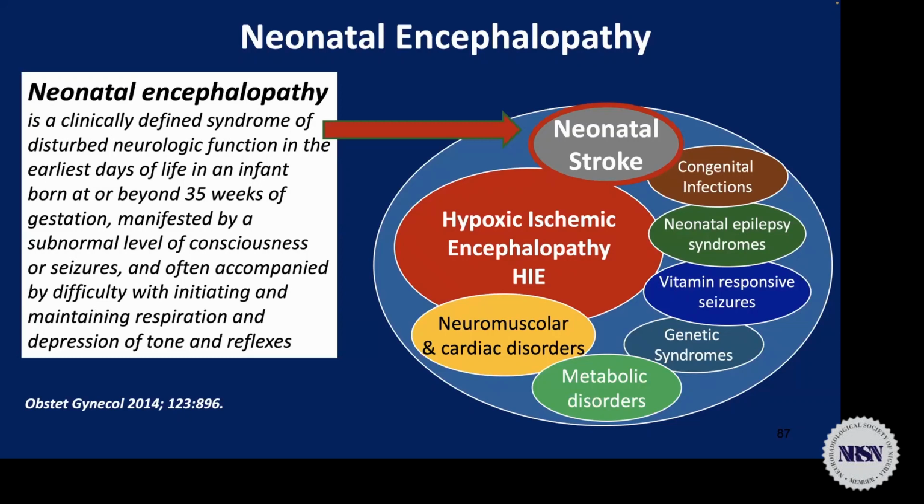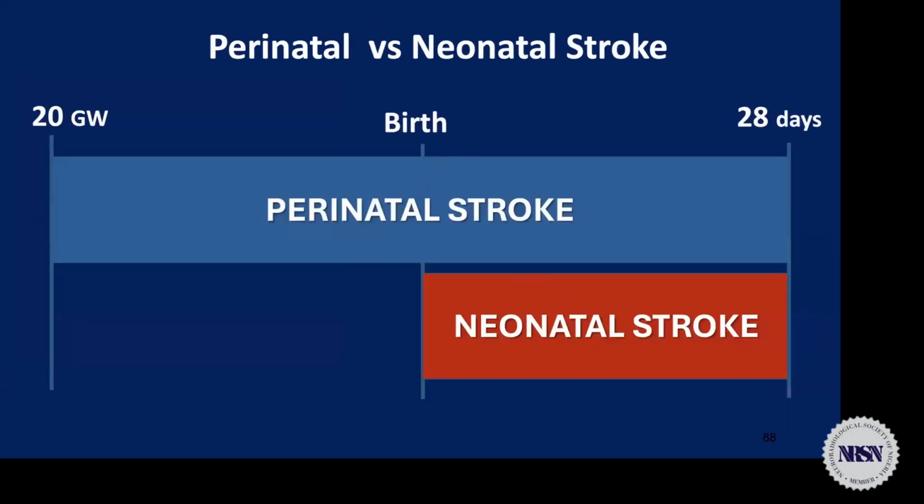Just to conclude, another very important item in neonatal encephalopathy is neonatal stroke, because neonatal stroke is not infrequent. First of all, we have to separate neonatal stroke, that is a stroke that happens between birth and 28 days, so in the strictly neonatal period, from perinatal stroke, which encompasses not only the neonatal stroke, but also stroke happening in the fetus.